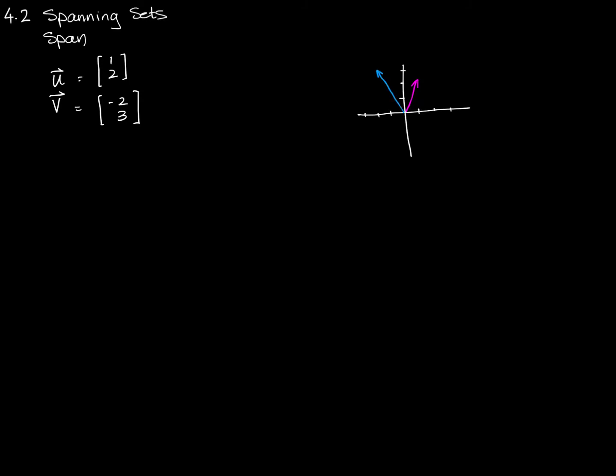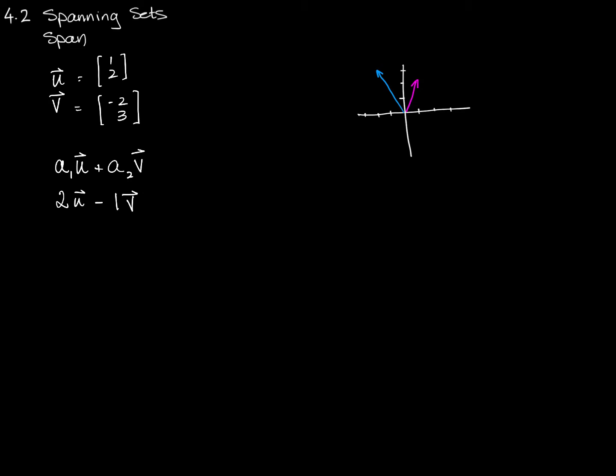And if I add those two vectors together, or if I create a linear combination of those two vectors, I'm going to have some scalar times u plus some other scalar times v. And what that really does is, let's go with 2u minus 1v. That's a linear combination of u and v. What that does is it doubles the length of u.